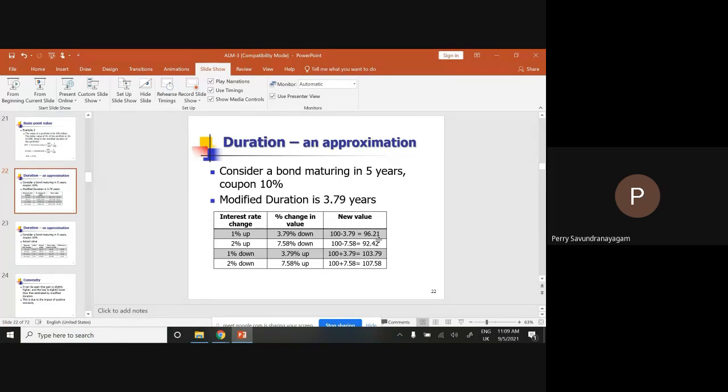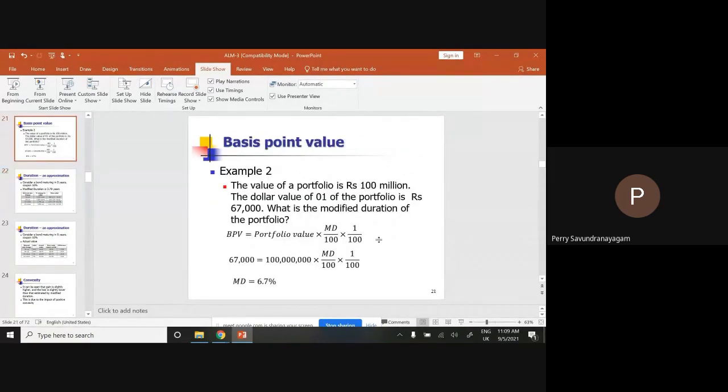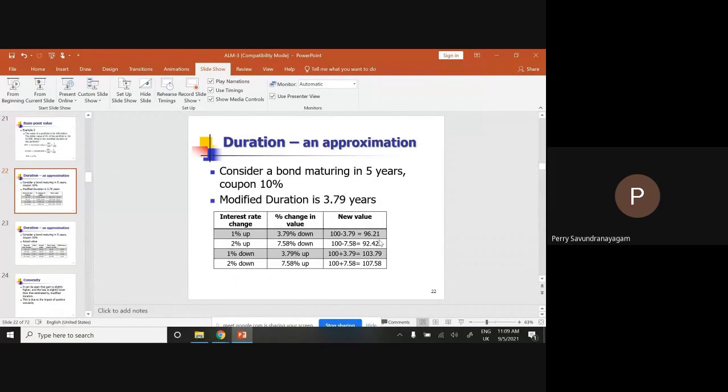In other words, your price change has been 3,790 or whatever it is for each basis point move on that particular bond. That's for 100 basis points. So 1 basis point will be 379, one DV01 is 379 for that particular bond. Is that clear? Yes, sir.